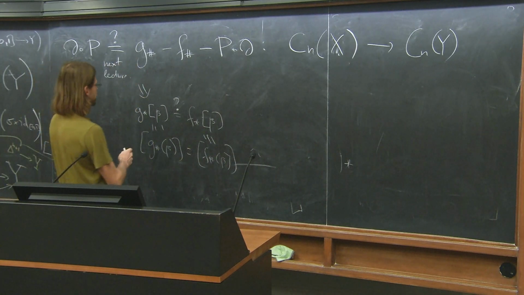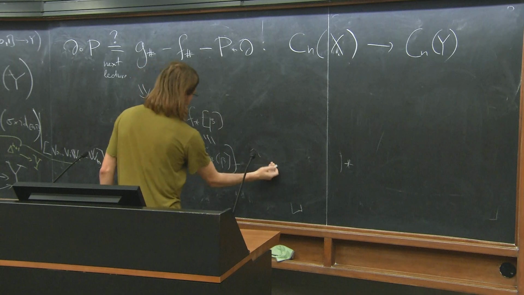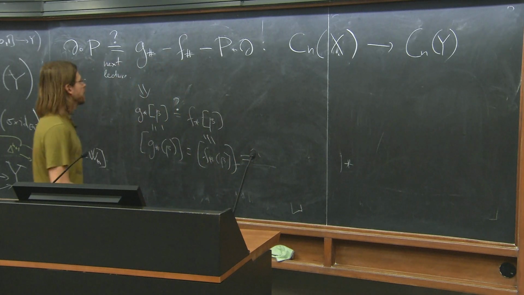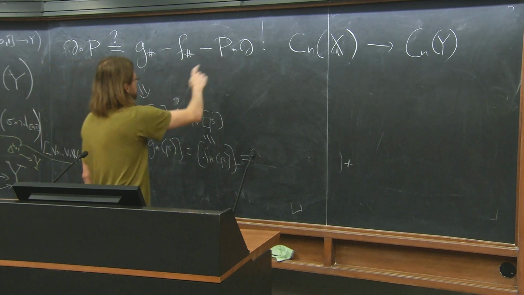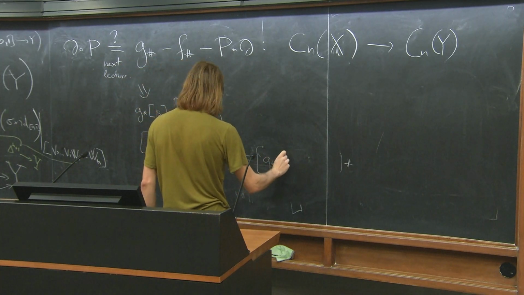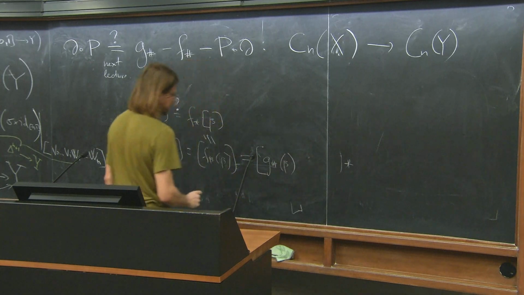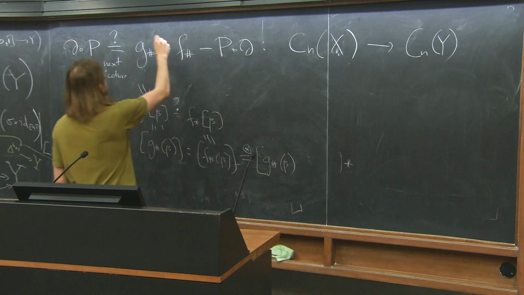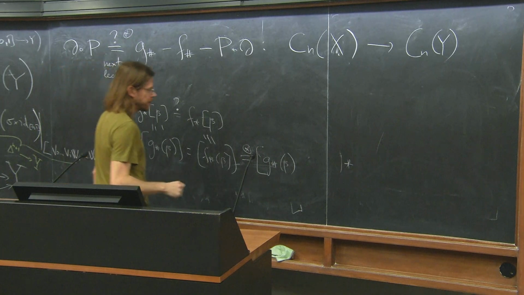But then we can use the fact that the difference is given by this stuff, so this is the same as g sharp of beta. This follows from this equality that we will prove.